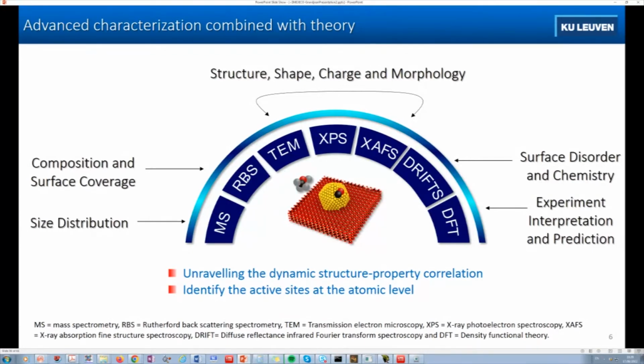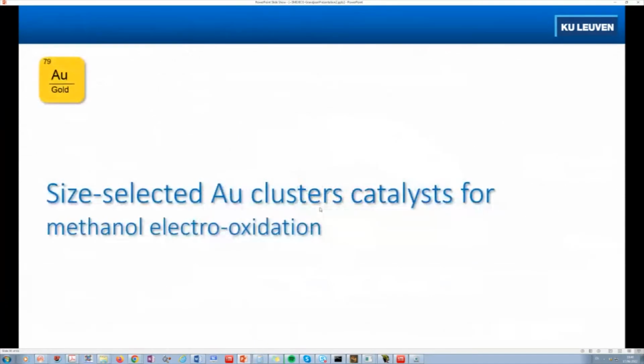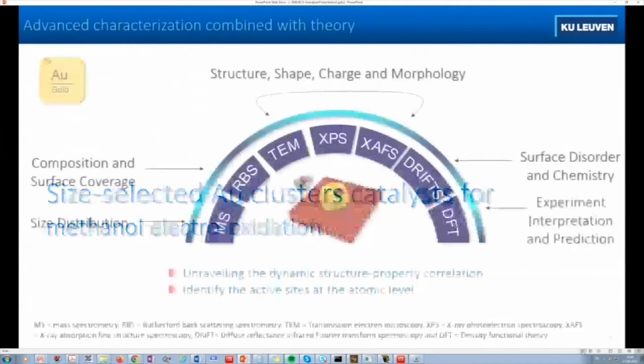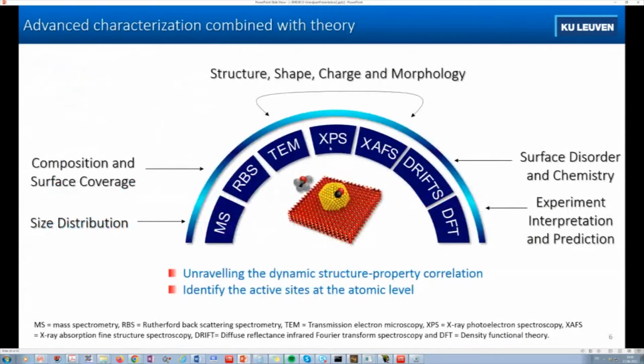Then once they are deposited, we need to see how many we have. We use RBS, we can use SEM. Then we go for TEM to look at the detailed structure. Are they bimetallic? Are they core shell, alloy? Then we can also use XPS to see what the electronic state on the surface is.